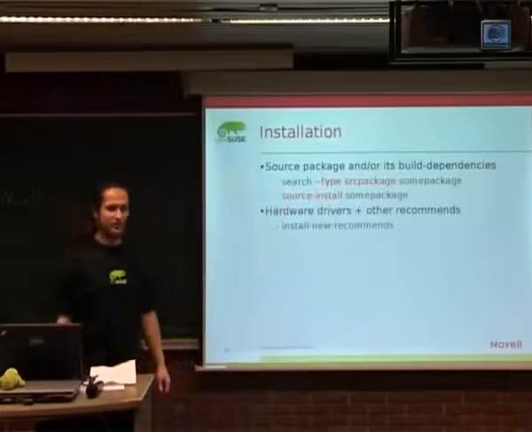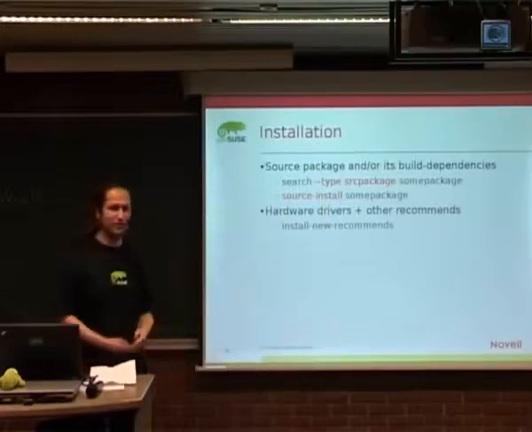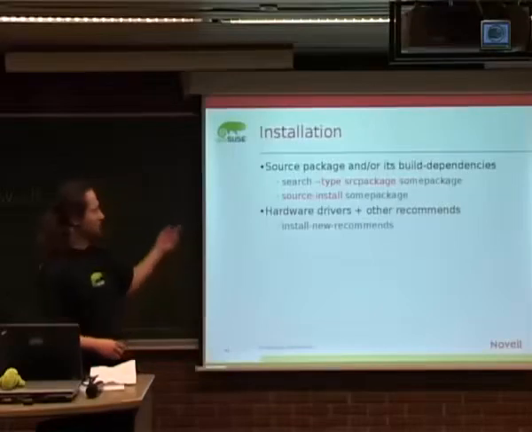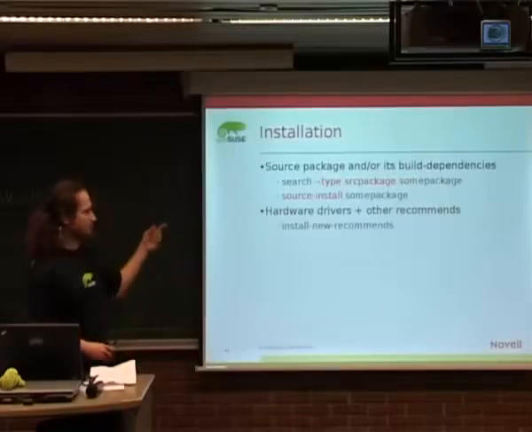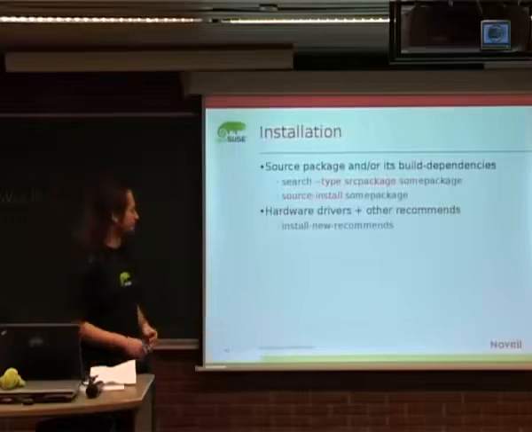And if the repository contains source packages, it will list them, and you use the package name in the source-install command. It will install the source package and all of its build dependencies which are not installed yet. There is also an option to install only the build dependencies or only the source package.